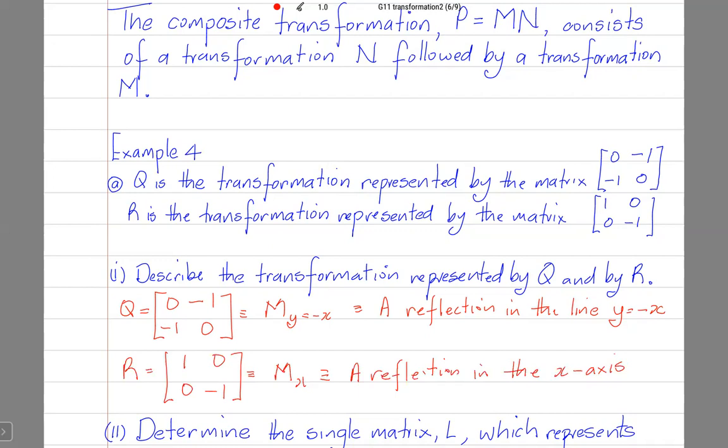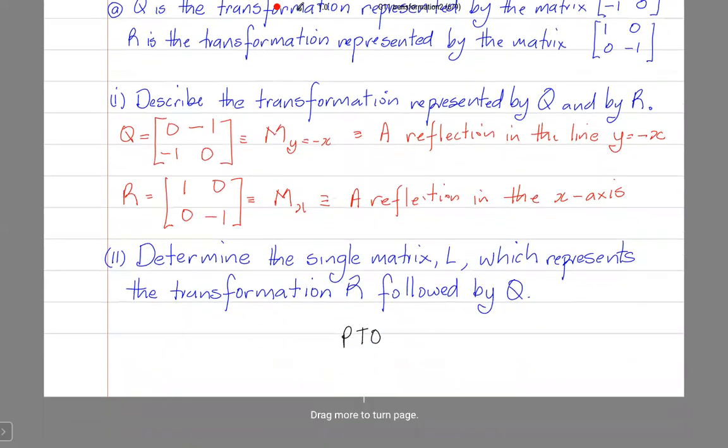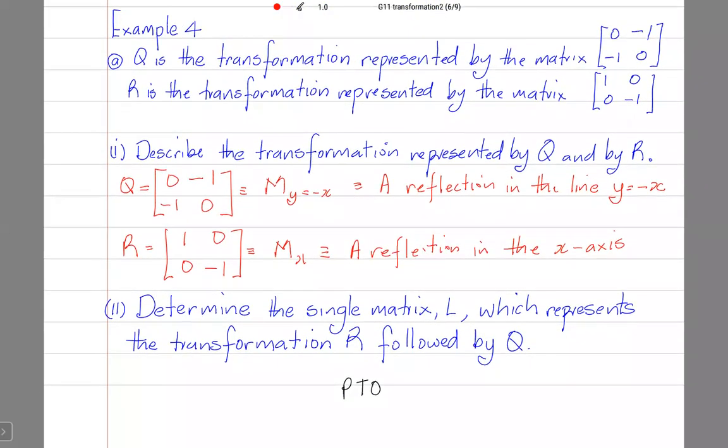The transformation that does that is reflection in the x-axis. Next, we're asked to determine the single matrix L, which represents transformation R followed by Q. To determine the matrix L, we're going to multiply R and Q together. But we must put the Q first and the R second, because the first shall be last and the last shall be first.